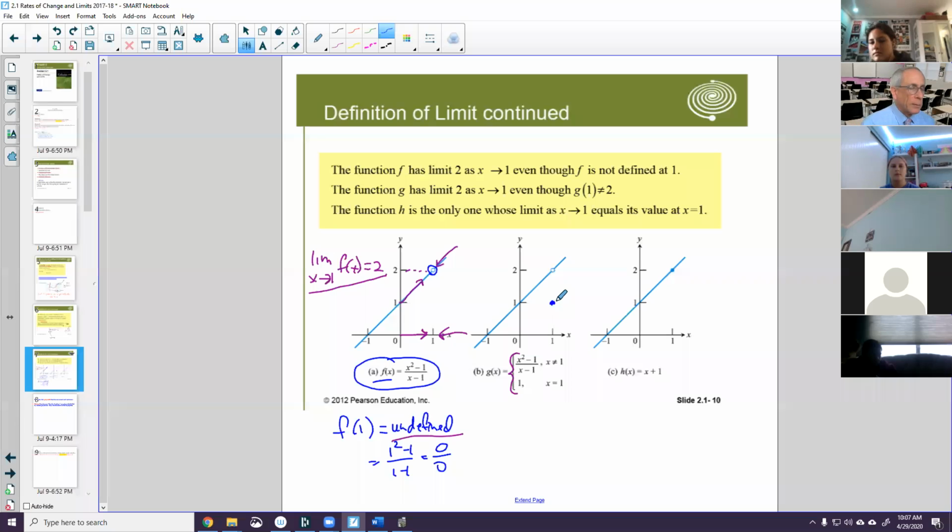Okay, so I'm asking somebody else a question. I'm asking Lana. Are you there? Yeah, I'm here. Okay, great. This is a function g of x. I want you to tell me what is g of 1. So when I plug 1 into my function g, what is the y value that I get? Is it undefined? Nope. Good guess, but not quite.